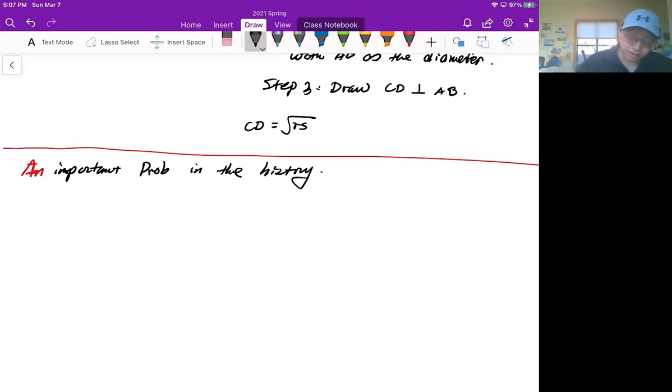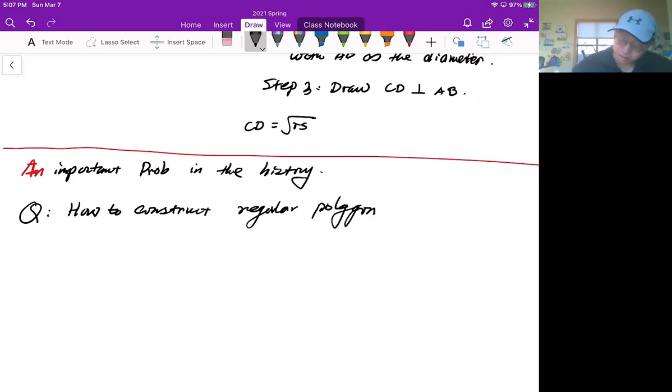So the question here is how to construct the regular polygon of n sides.